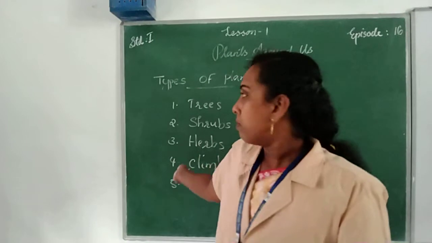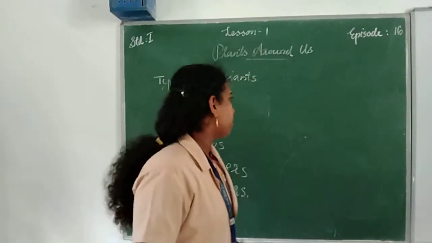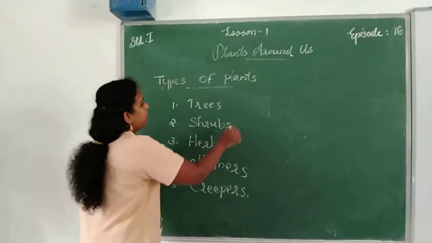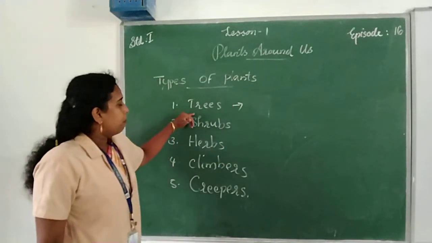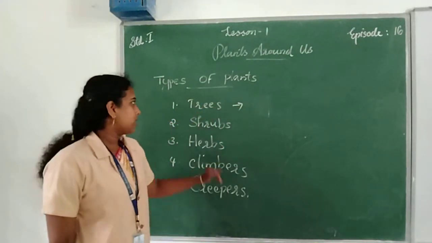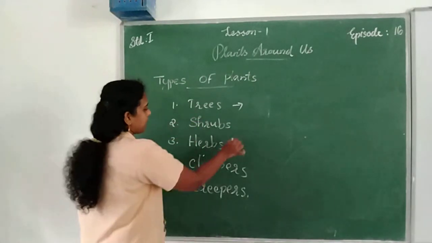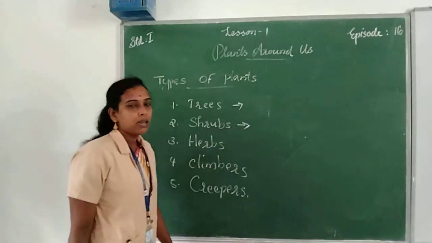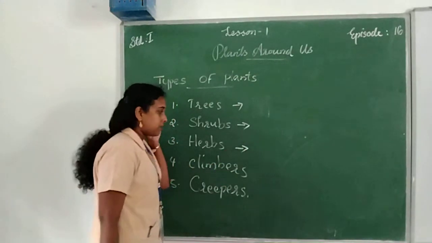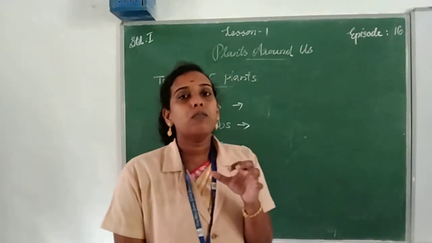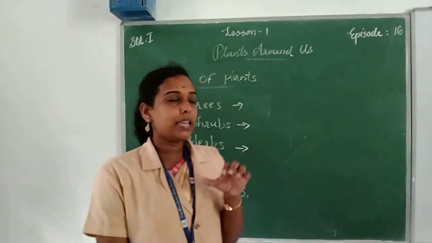And you already know about the characteristics of these types of plants. Very big, tall and strong plants are called trees. Shrubs are smaller than trees and look like bushes. Herbs have soft and thin green stems.